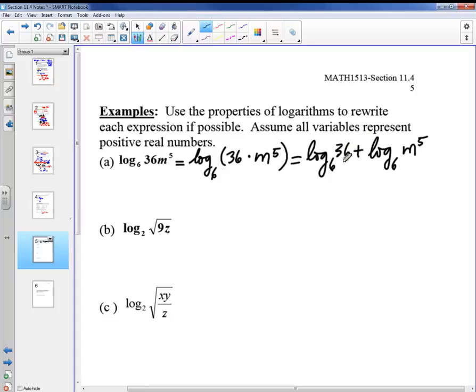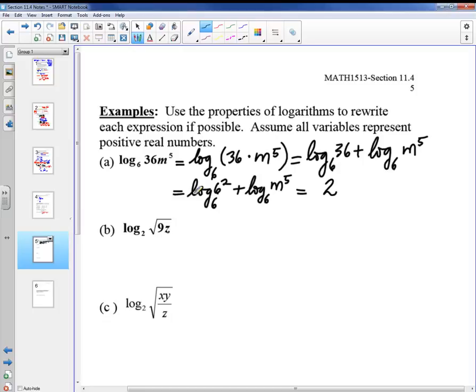But the 36 and the 6 have a common base. So I'm going to rewrite that as log base 6 of 6 squared plus log base 6 of m to the 5th power. And now, since the bases are the same, this whole logarithm is actually equal to 2.